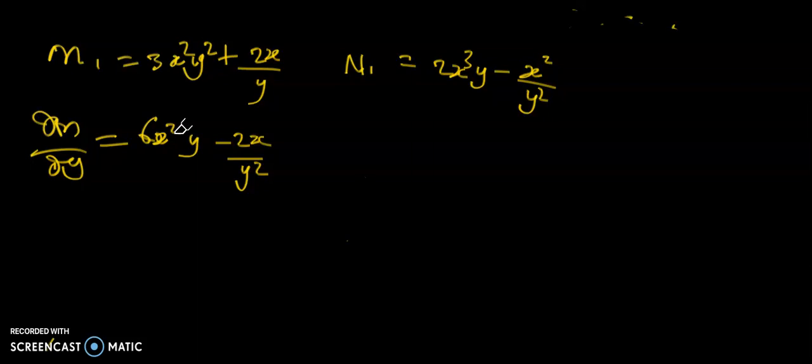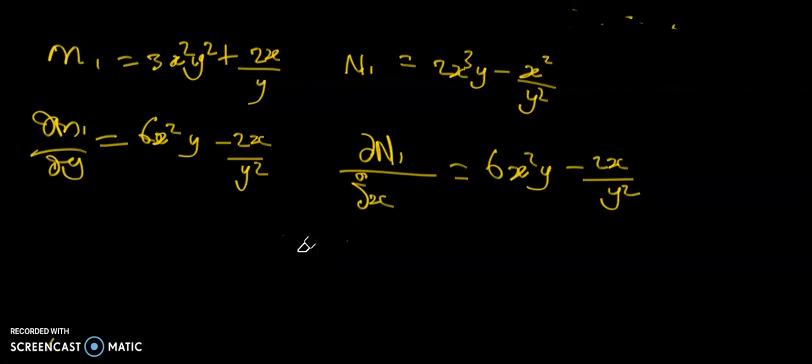This one is 1 with respect to x. So now we have arrived at this point. We can see that del m by del y is equal to del n by del x. Therefore, we can say that equation 2 is exact.